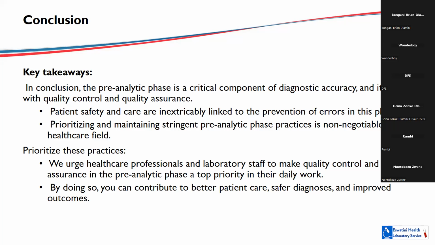Patient safety and care are inextricably linked to the prevention of errors in this pre-analytical phase. So prioritizing and maintaining stringent pre-analytical practice is non-negotiable in the healthcare field. Adherence is a must.